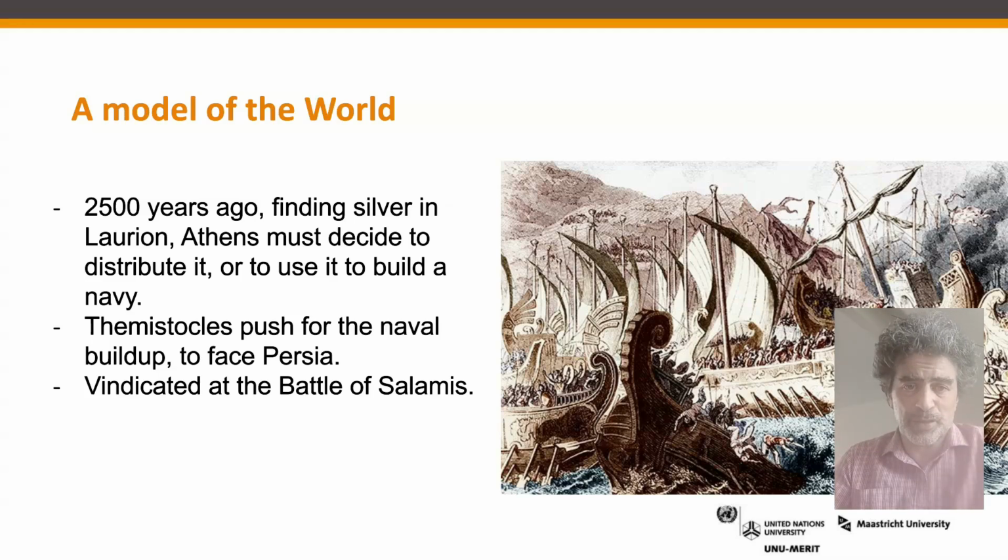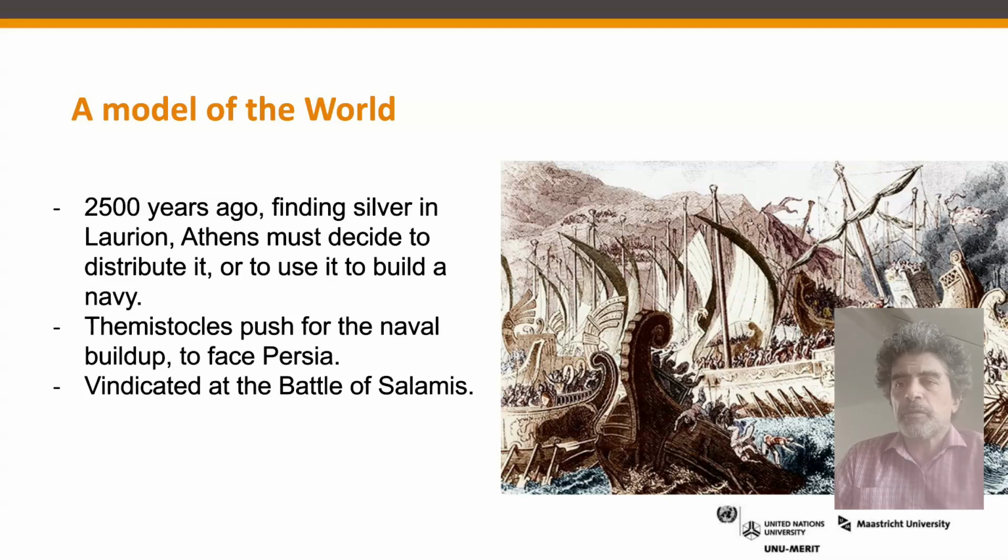Athens was the first democracy, but it was a democracy where you had to have certain wealth to be a citizen. So it's not really spread around, but distributed to the rich families of Athens. Or we collect the money as a country and we use it to build a navy.